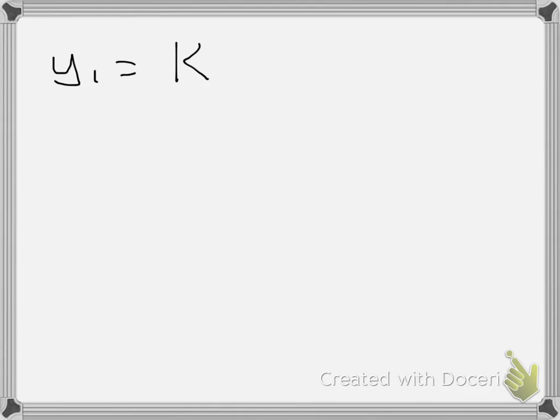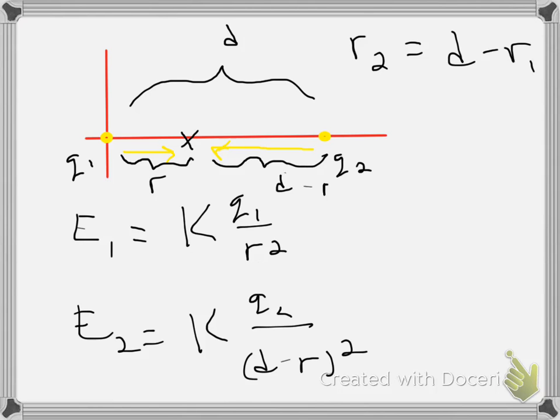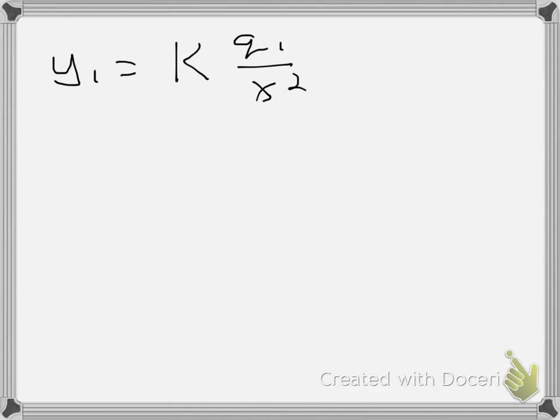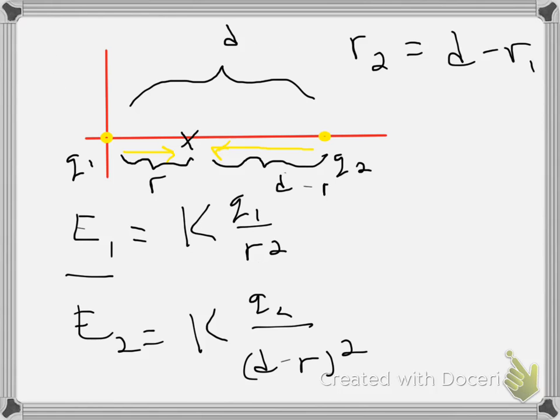I'm writing them down so I don't have K memorized. y1 here is going to function as my electric field, and X here is going to function as my R squared.